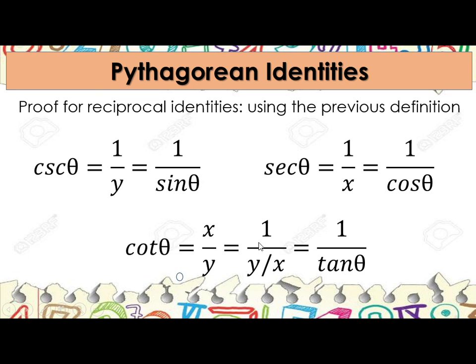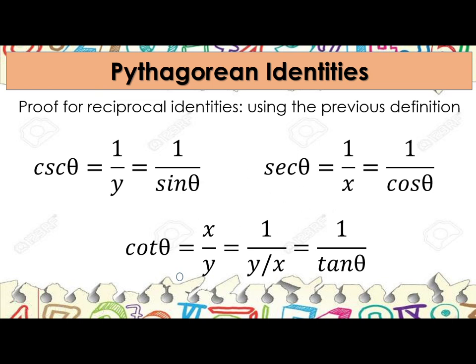So if you simplify this, get the reciprocal of that, and you will have 1 over tangent theta. Always remember the opposite of tangent will be cotangent. Tangent is sine theta over cosine theta, and cotangent, the opposite of tangent, is cosine theta over sine theta. Okay, so this will be the proof on how we come up with the reciprocal identities.